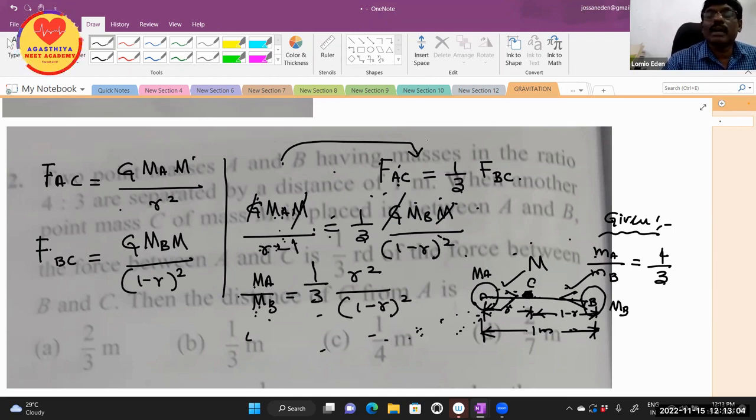Already we have the condition as M_A divided by M_B is 4/3. This is 1/3 R squared divided by (1 minus R) whole squared.